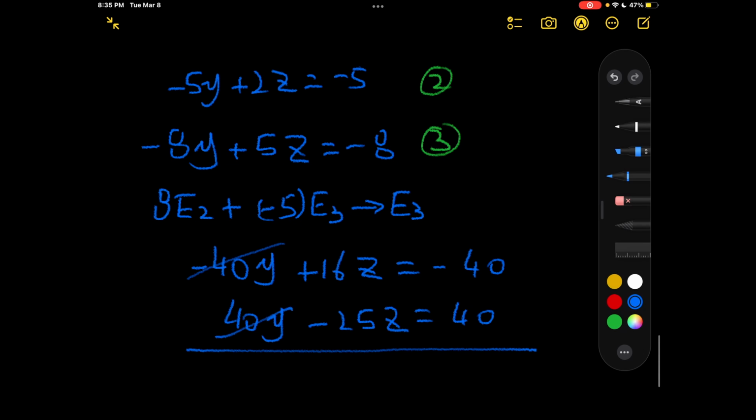Adding up together, cancel out, and this is -9z equals 0. Okay, we get a new equation 3 here.